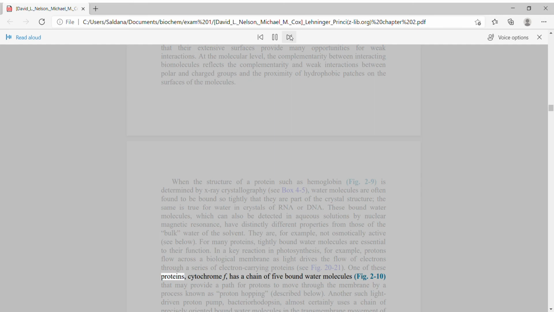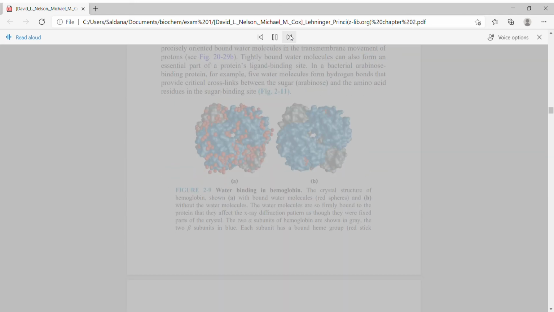One of these proteins, cytochrome f, has a chain of 5 bound water molecules, Fig. 2-10, that may provide a path for protons to move through the membrane by a process known as proton hopping, described below. Another such light-driven proton pump, bacteriorhodopsin, almost certainly uses a chain of precisely oriented bound water molecules in the transmembrane movement of protons, see Fig. 20-29b.